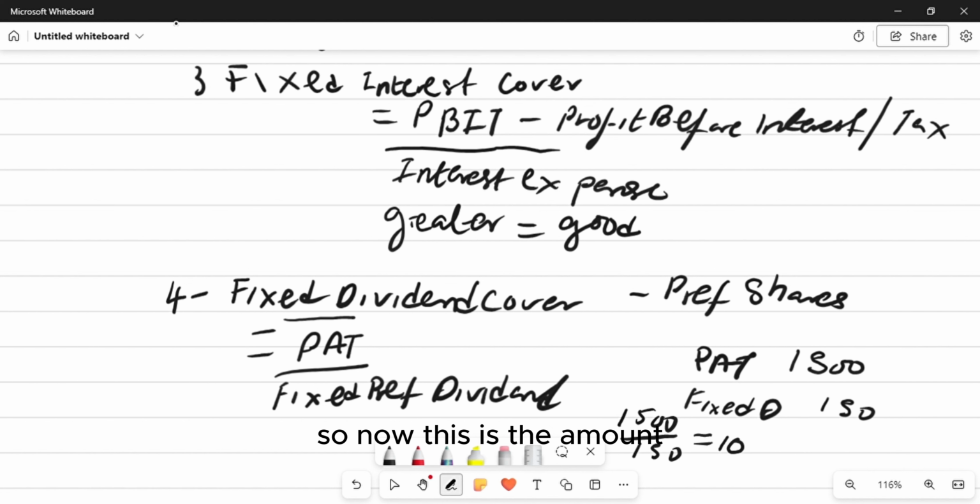So this is the number of times your profit after tax can cover your fixed preference dividend. Remember, you have to compare this and find the relative interpretation.